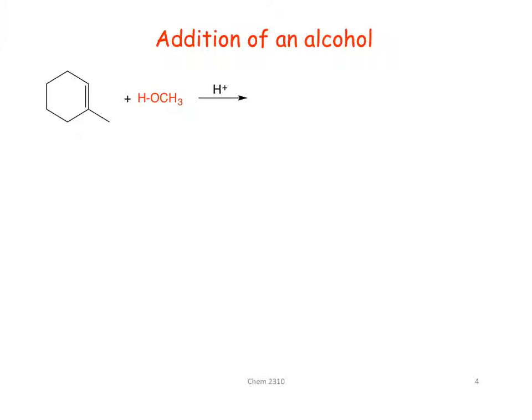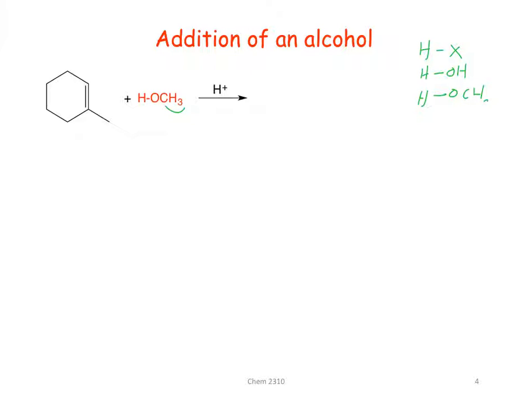All right, so let's look at a related reaction. This is not really a hydration, but we're going to add an alcohol instead. All right, so we're going to relate this to the reactions we've done already. So first we started with HX, right? And then we did HOH. So in this case, all we're going to do is HO. We're going to have a methyl group in this one, but could it be other alkyl groups as well?